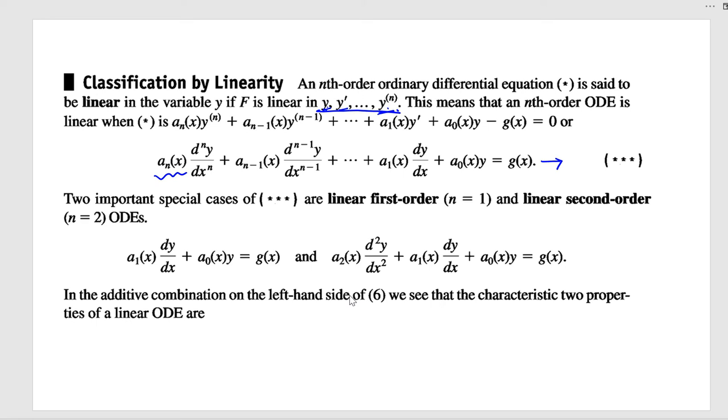And the coefficient functions will be independent of y. They can be constants or functions of x, there is no problem. But if it is a function like e to the power y or sine y, or y squared, then we call it non-linear. Sine x can be there, sine x can be there.